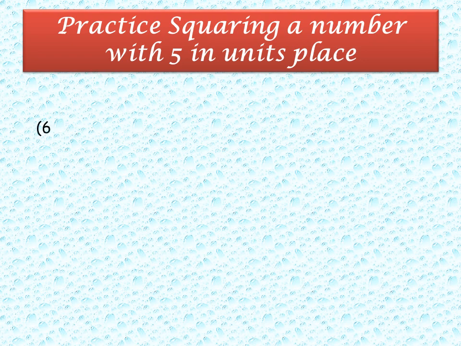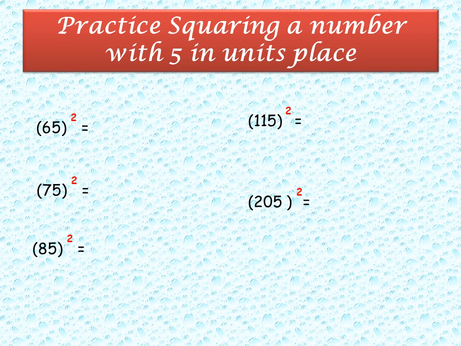The first one is 65 square. Next is 75 square. Third one is 85 square. The fourth one is 115 square. And the fifth one is 205 square. Try to do it before 3 seconds.